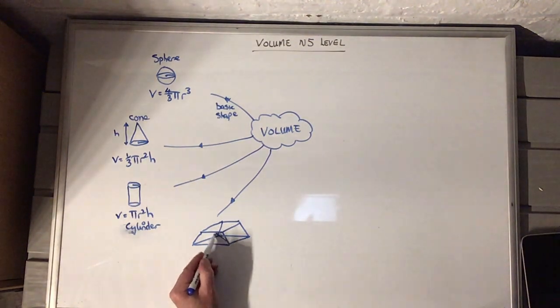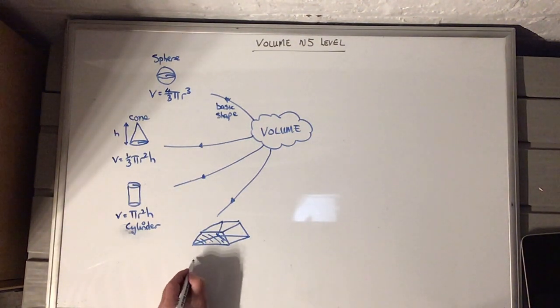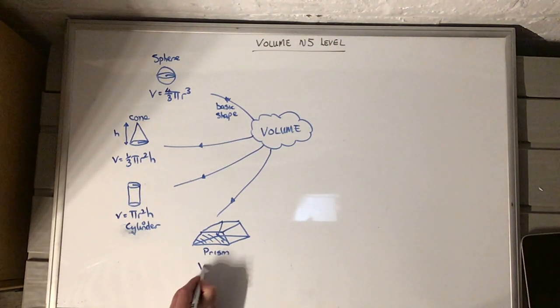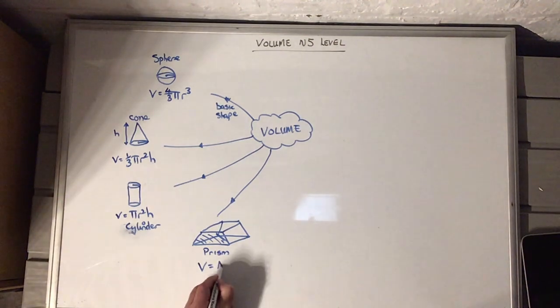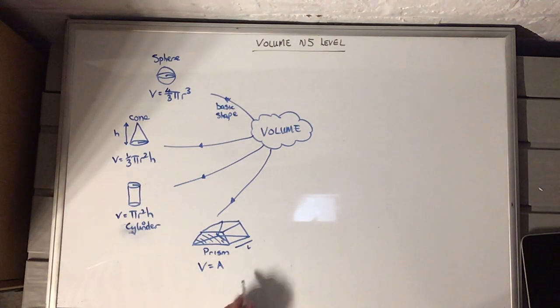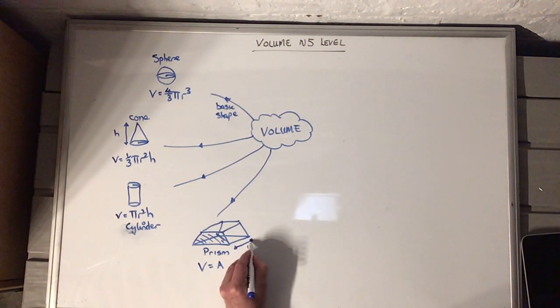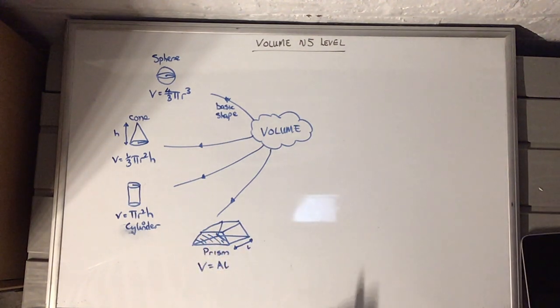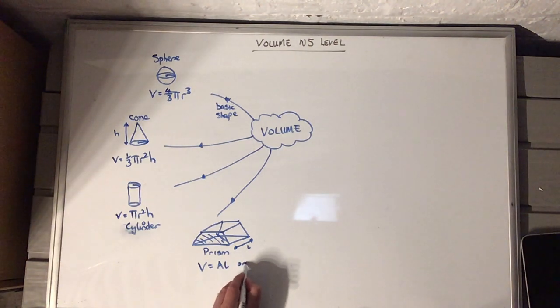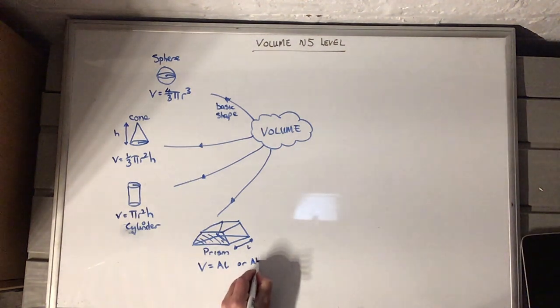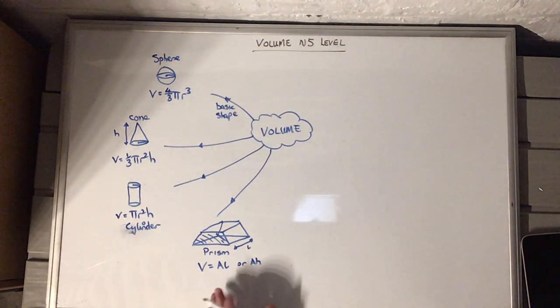This cross section here, and the volume for any prism is the area times, in this case, the length of it, times L. If it was standing tall, then it would be the height. So if it's lying down, then it's the length, or if it's standing on its edge up the way, it's H, depending how it's lying.